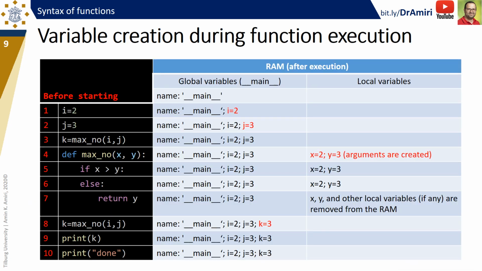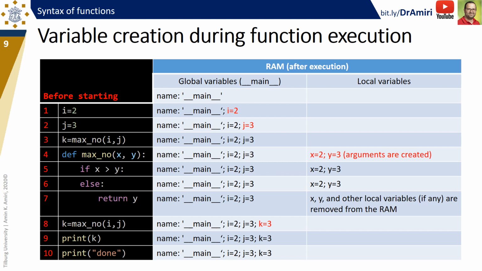So let's see how variables are created as a result of executing the previous program and the function maxNO. You may know that, even before starting a program, there are some default variables that exist in the RAM. Those variables are created by Python.